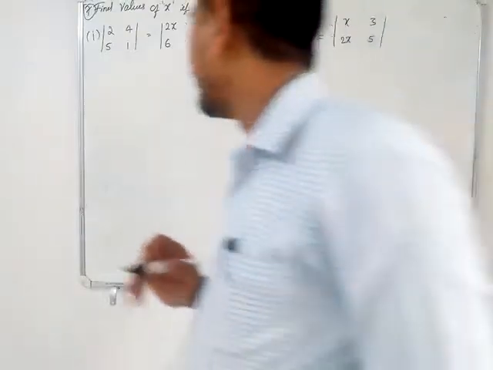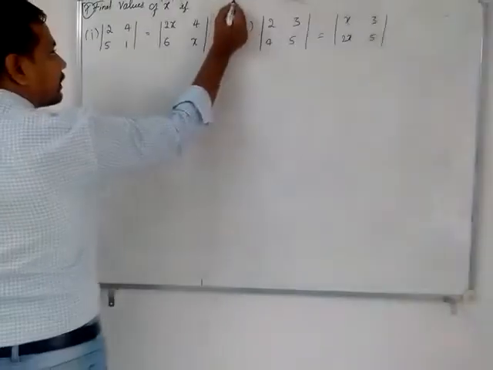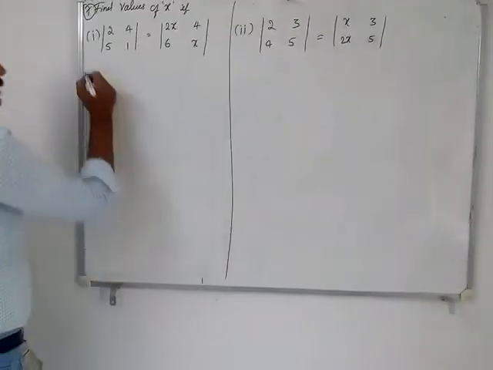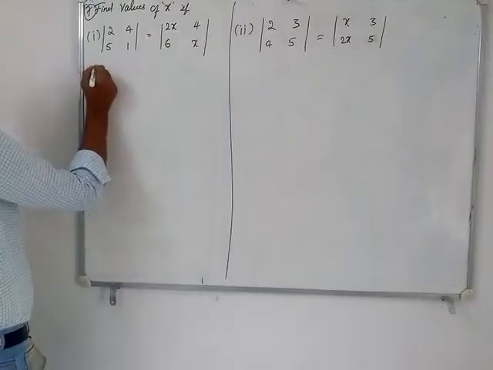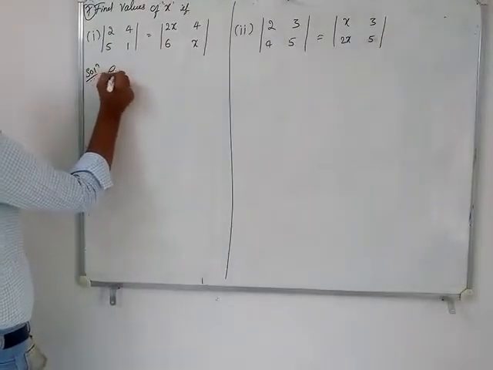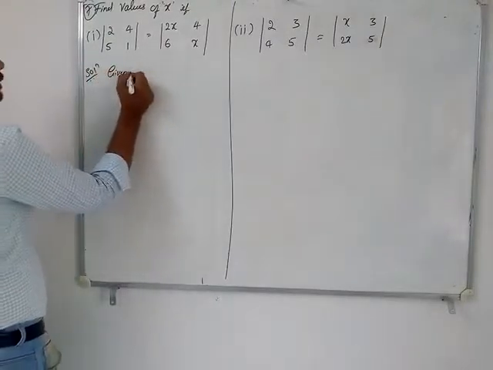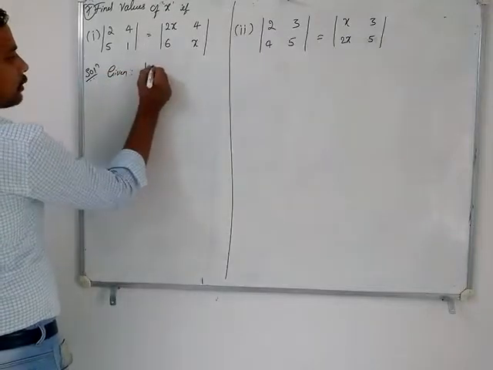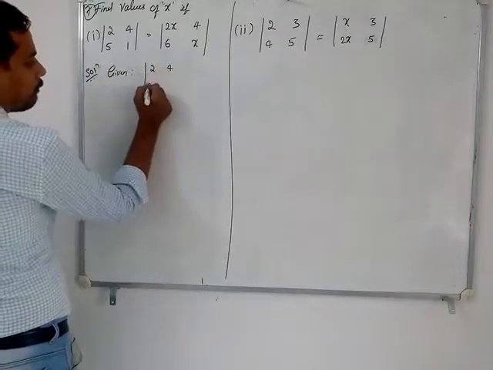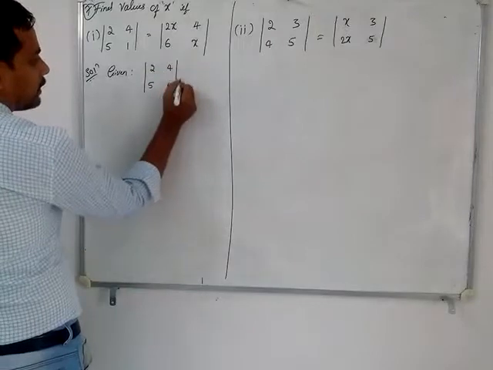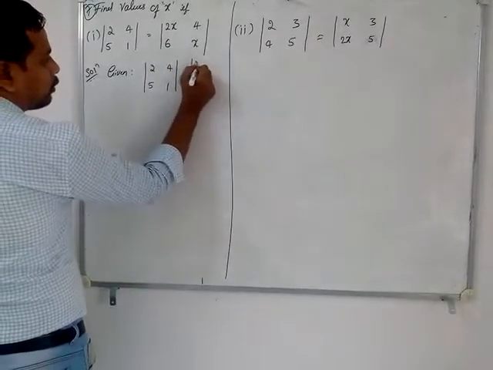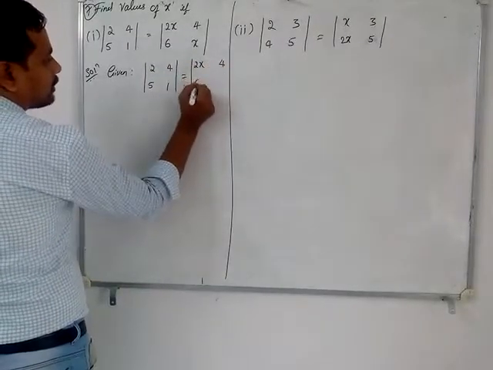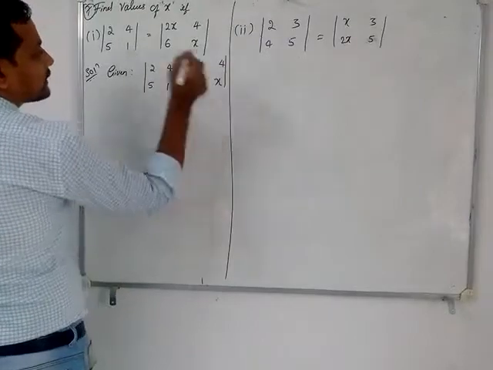We'll see it one by one. Given is: determinant 2, 4, 5, 1 is equal to determinant 2x, 4, 6, x.